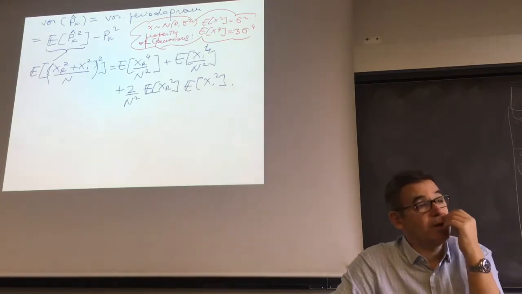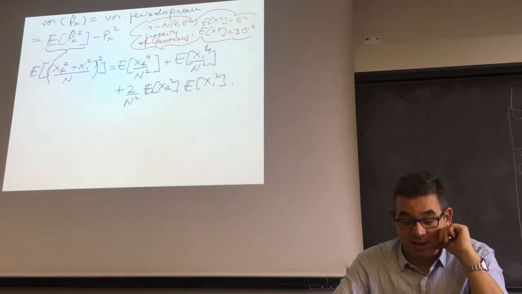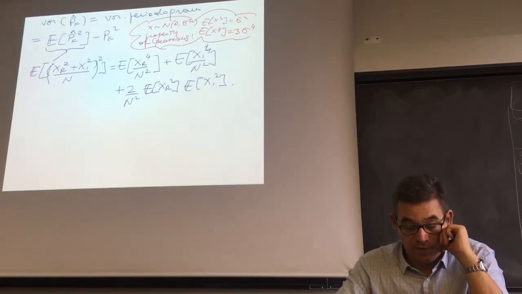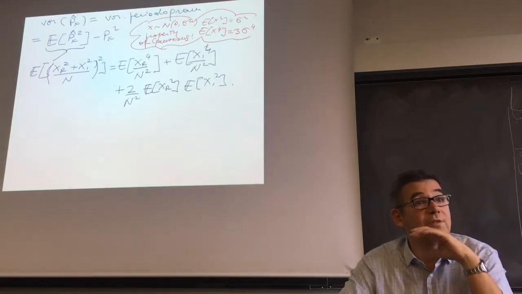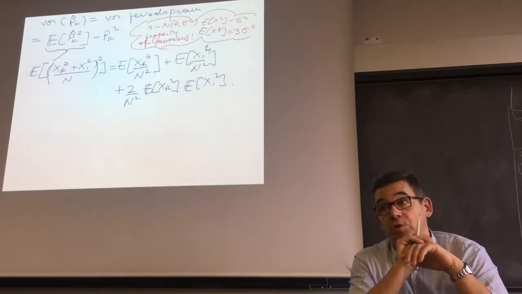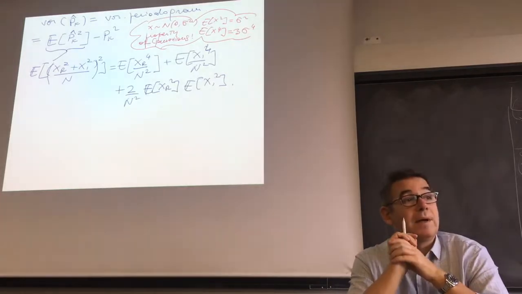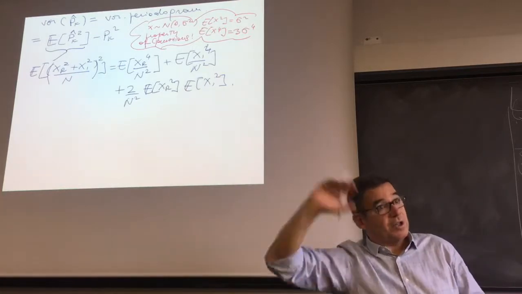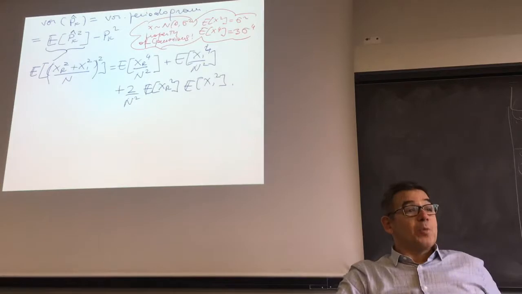And this property is exploited when defining some statistical indicators, which are used for understanding if a distribution is Gaussian or not. For instance, if a random variable which has a certain distribution has a 4th moment which is larger than 3 times sigma to the 4th, then we say that it's super-Gaussian.